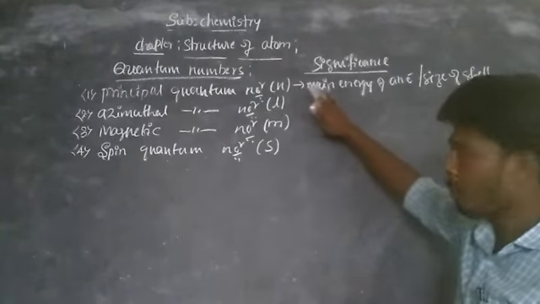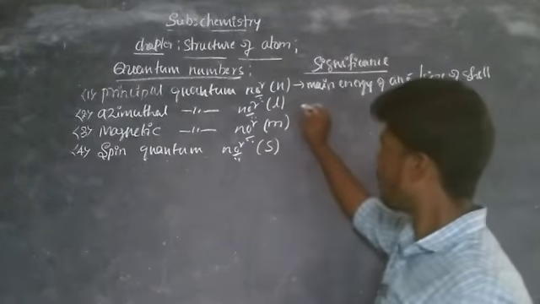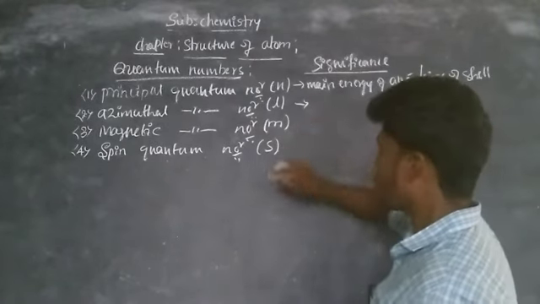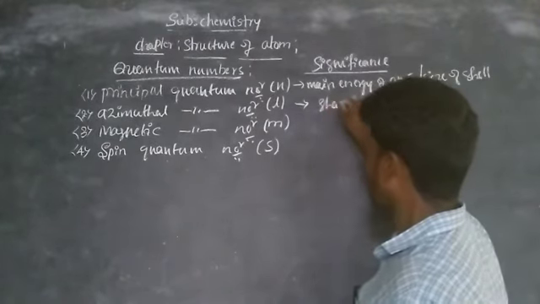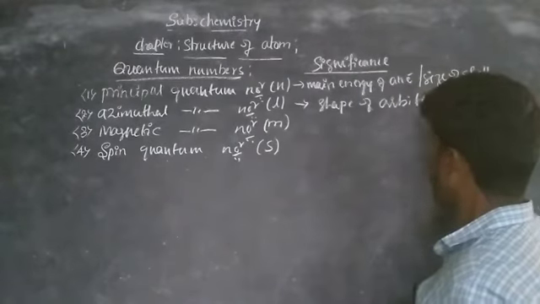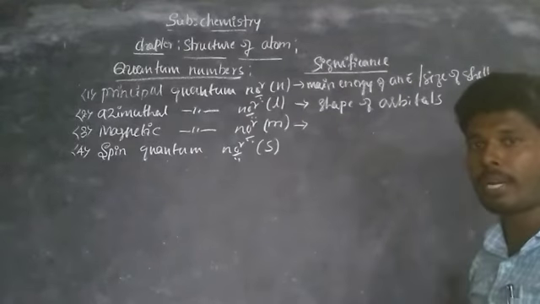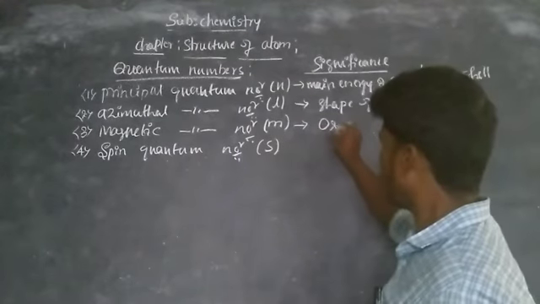The principal quantum number signifies the main energy of an electron or size of the shell, and the azimuthal quantum number indicates the shape of the orbitals. And similarly, the magnetic quantum number signifies the orientation of orbitals.